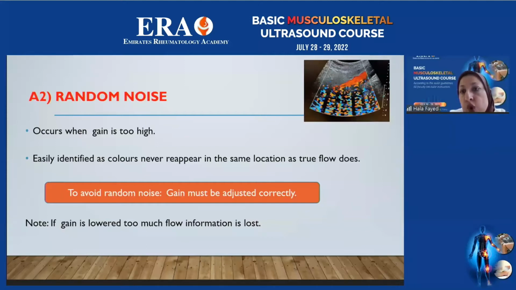The true flow is usually fixed; it comes and goes, but it is in the same place. But usually the artifacts are running here and there and not in the same place. To avoid random noise, as we said, we have to adjust the gain correctly.